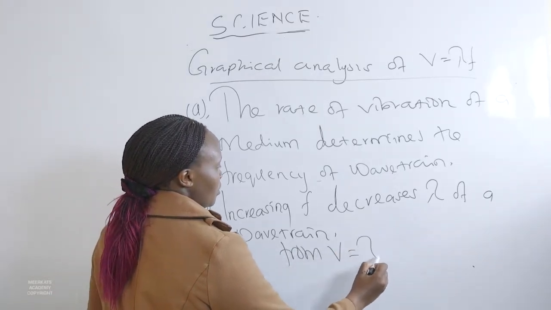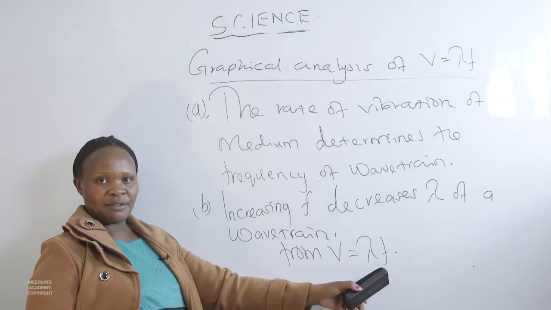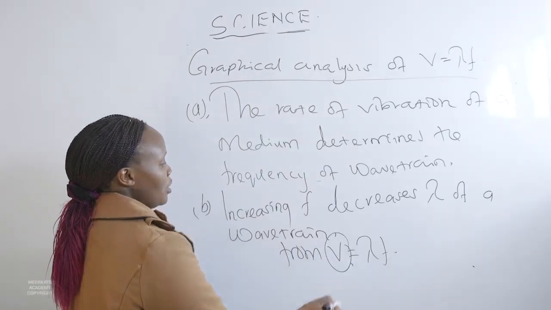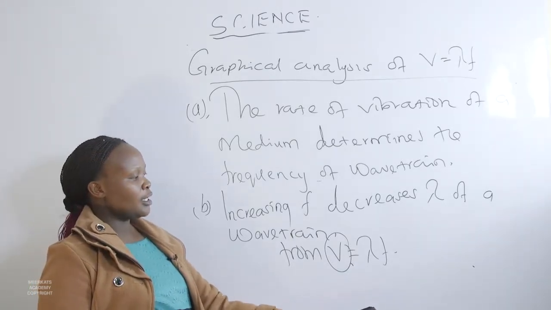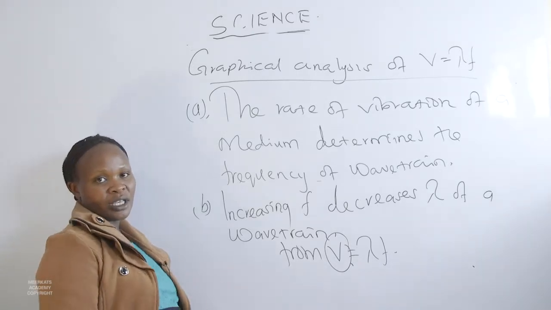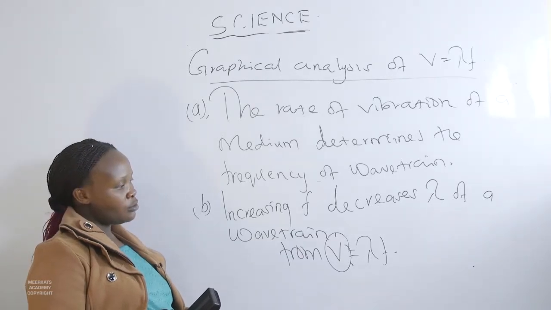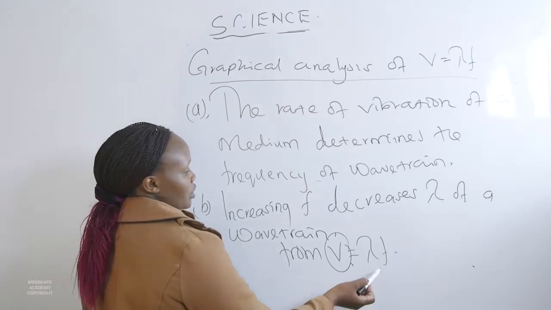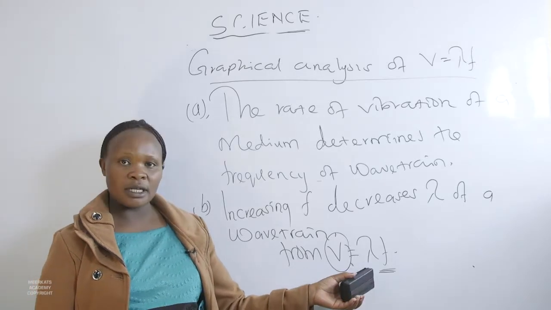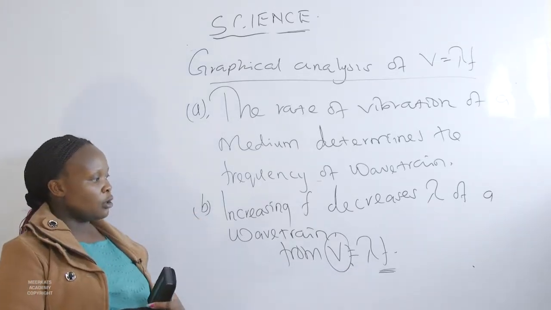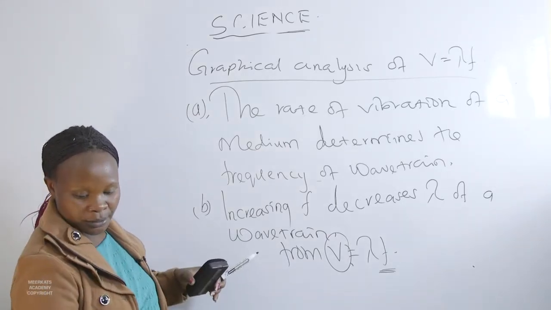V is given by lambda f, and now we have increased f but held our V constant. If the relationship is to hold, then lambda multiplied by frequency at any given time gives the speed of a wave train. Therefore, if you increase frequency of a wave train, it translates to a decrease in the wavelength of the same, and the vice versa is still correct.